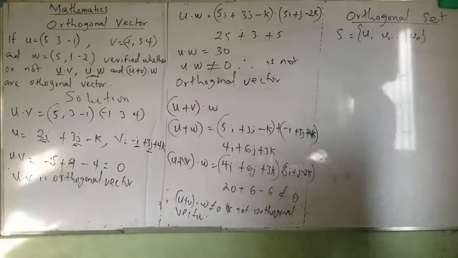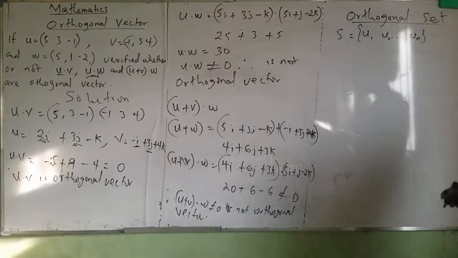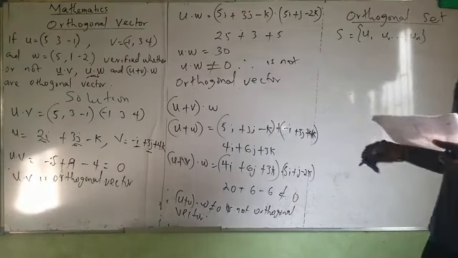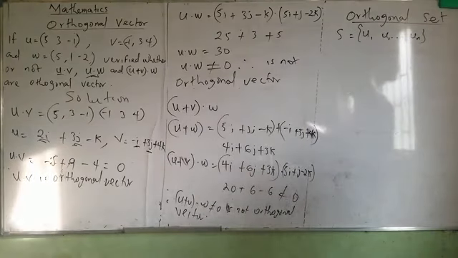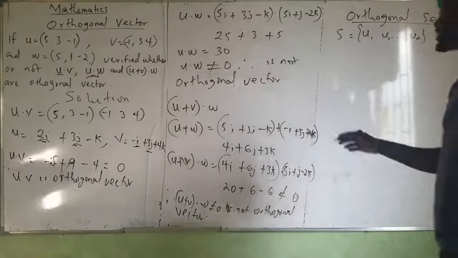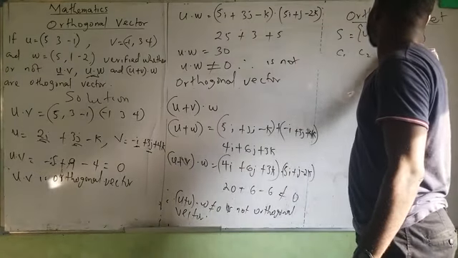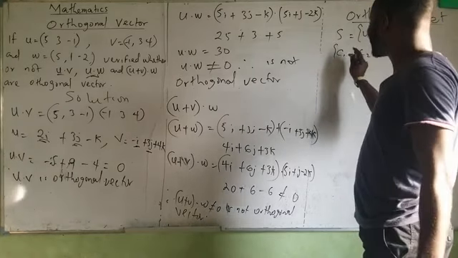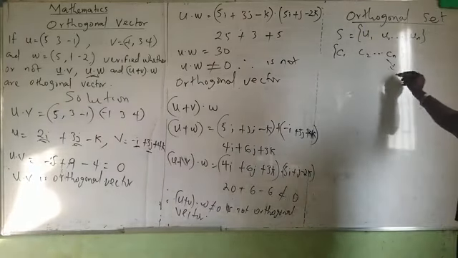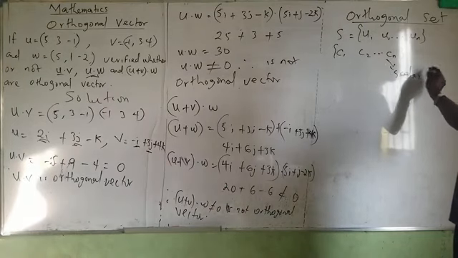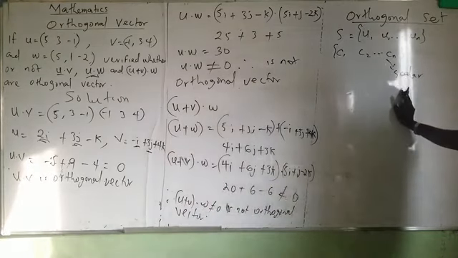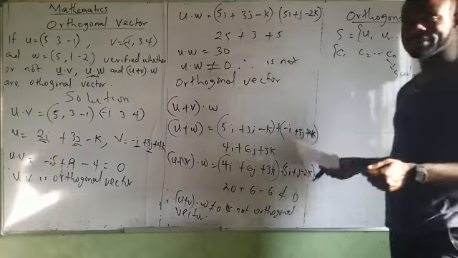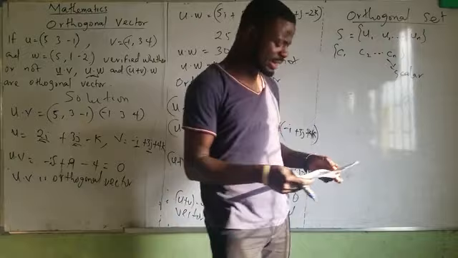This is a set of vectors, and assume by contradiction that they are linearly dependent, there exist C1, C2 to Cn. These are scalars.